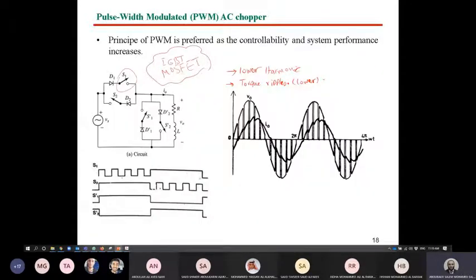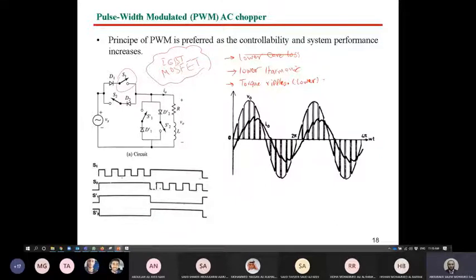Besides, the harmonics themselves will also affect the core losses of the machine. So beside the lower harmonic contents, the torque ripple will be smaller, and it will also make the core losses lower, because core losses are a function of frequency.